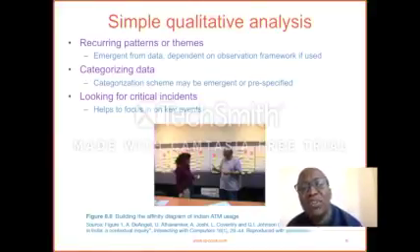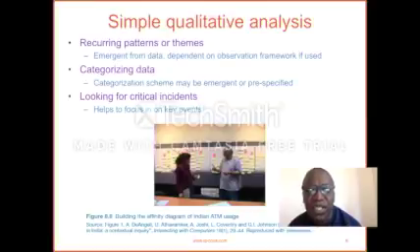However, if you're looking at qualitative analysis, this is slightly different, because what you're looking out for with qualitative data is patterns, you're looking out for themes that are emerging from the data that you have collected.